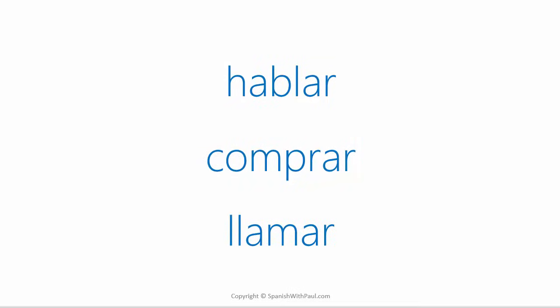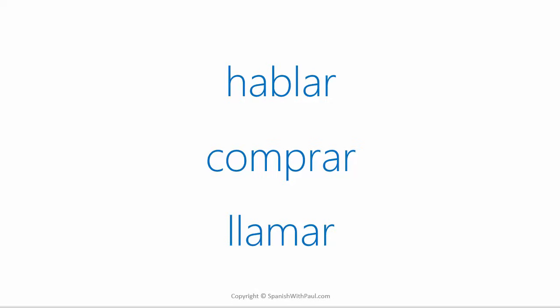So far, we've been using verbs that only end in AR, such as hablar, comprar, and llamar. Now these ones naturally fall into the sound of ando for the present progressive tense, or the ing tense as I call it.